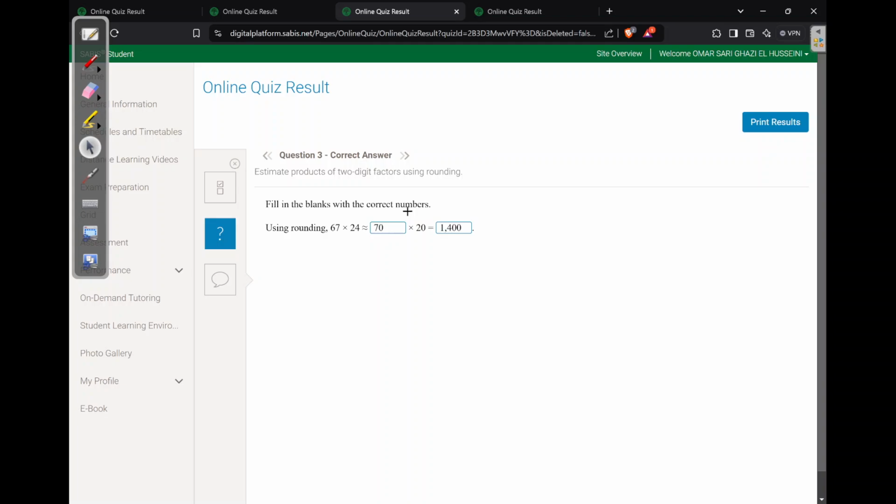Okay, 67, we round it to 70 again, times 2, and now the answer is 1,400. Now here, 55 becomes 60, so the answer is 1,200 since we times it by 20.